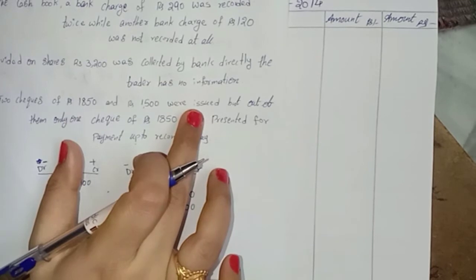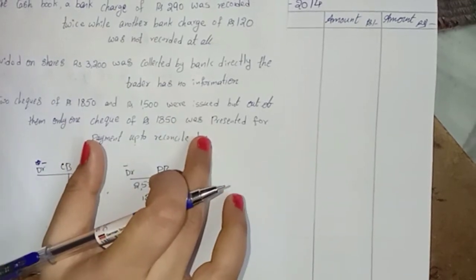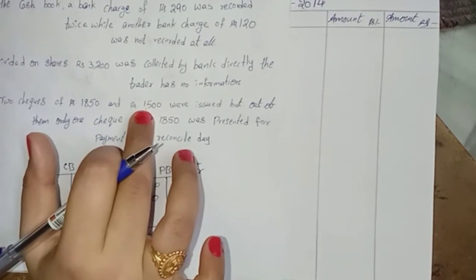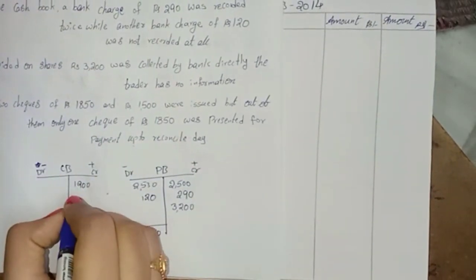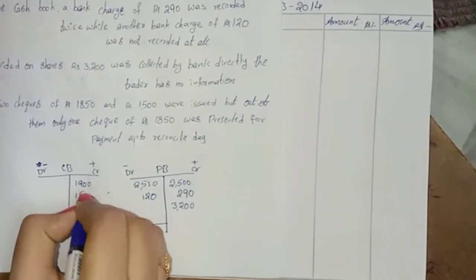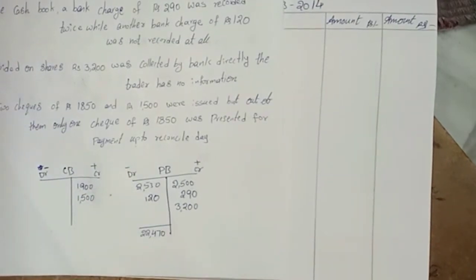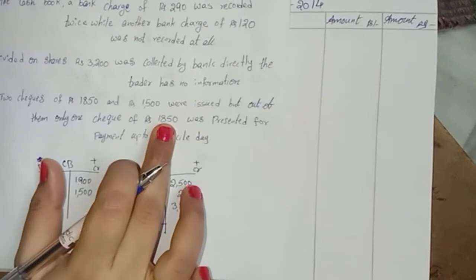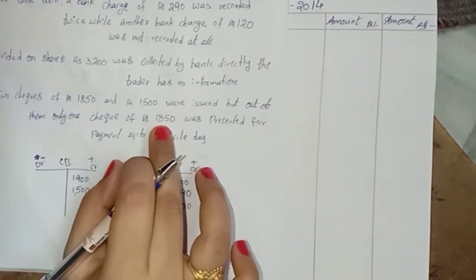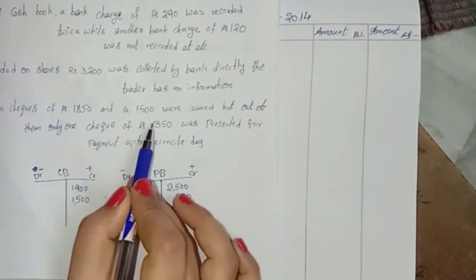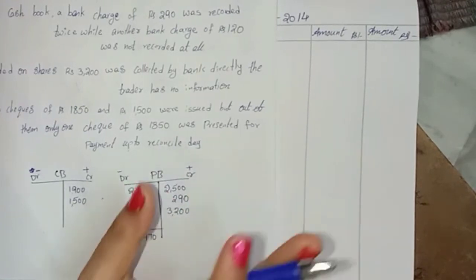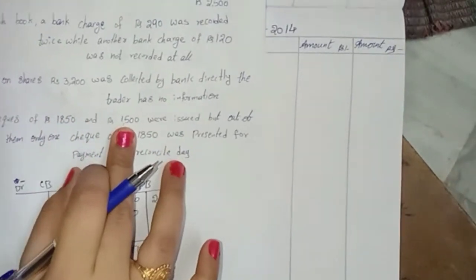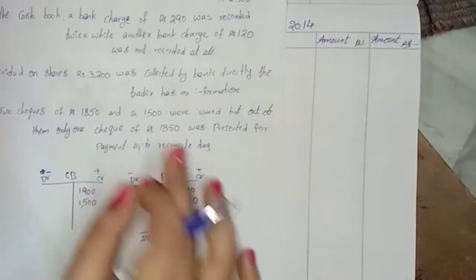Here the cheque of 1,500 is issued but not presented for payment. We have to enter it on the credit side of the cash book. The other 1,500 cheque is not yet collected, right?